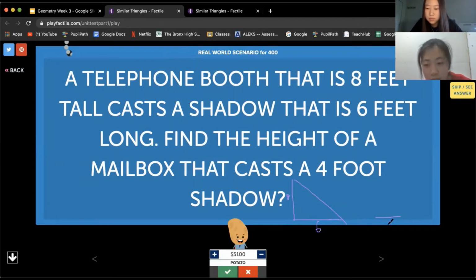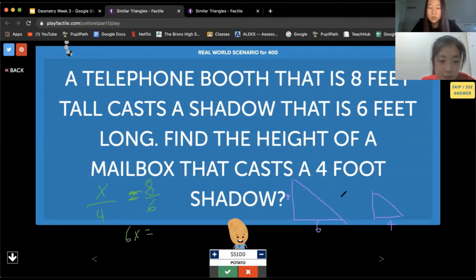Yeah, so here you just do the same as all the problems before, set up a proportion and solve for the height. So it's x over 4 equals 8 over 6. So you get 6x equals 32 and divide by 2 on both sides.